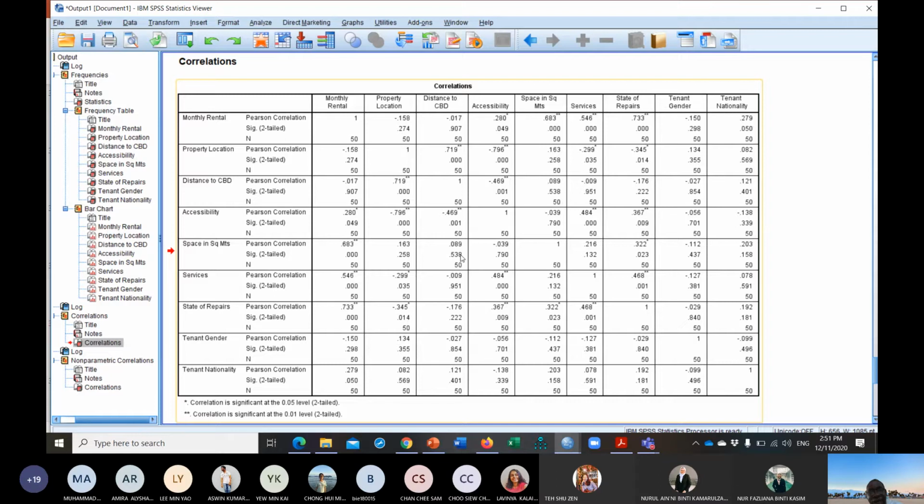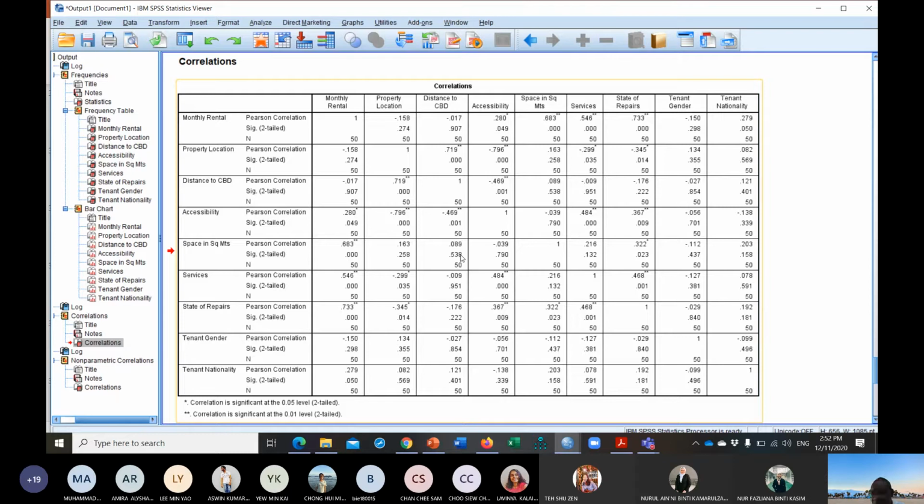If that is our dependent variable, what factors are going to be the determinant variables or predictor variables? From this correlation, we can now select what factors are really affecting rent. And this has been identified by their significant contribution.